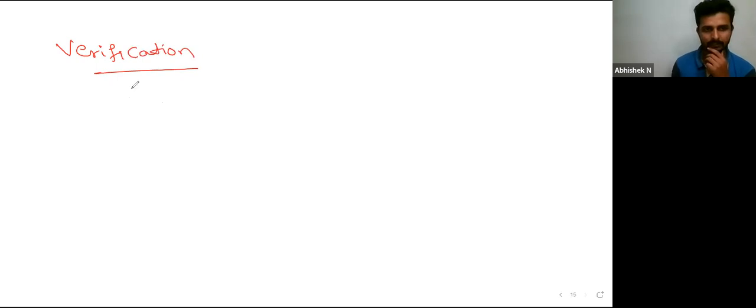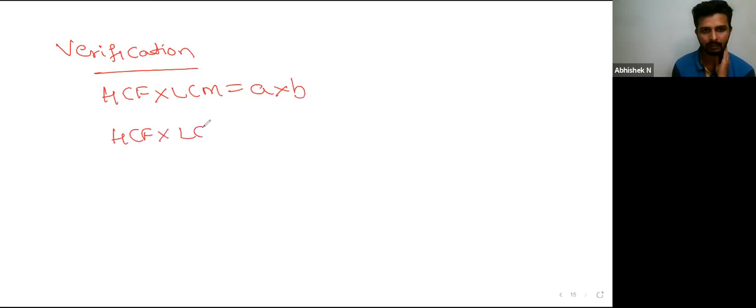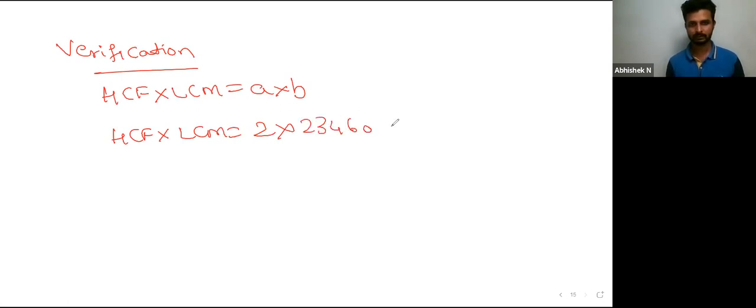We have HCF multiplied by LCM equal to A into B. So first let us consider HCF and LCM: 2 is HCF and 23460 is LCM. What is the answer?